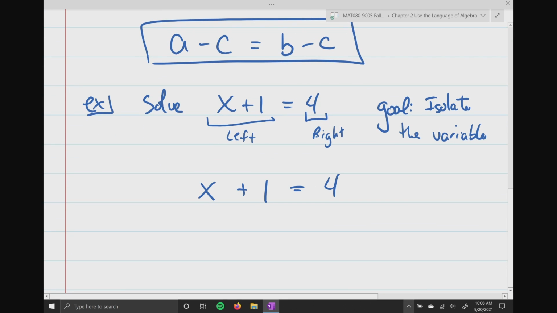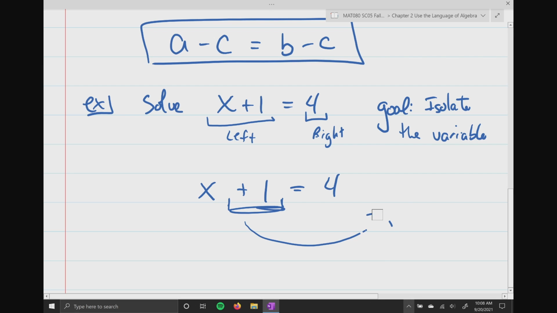So what I need to do is take this positive 1 and move it over to the other side. Okay, that's all I need to do. The easiest way to do that, and I think an easy way to think about it, is you want it to disappear on the left and reappear on the right. But since it's on the opposite side, it's going to have the opposite sign now.